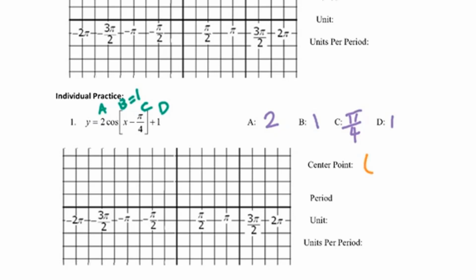So our center point will be pi over 4 and 1. For the period, that will be 2 pi over 1 equals 2 pi. Look at the unit. How many units between pi over 2? That's 2. So we got pi over 2 over 2. That equals pi over 4.